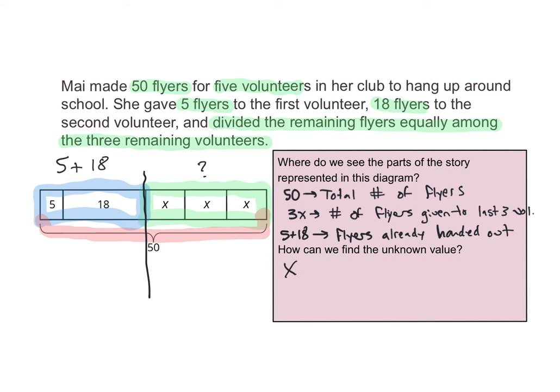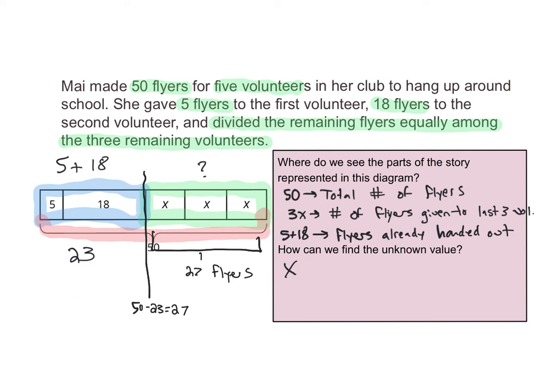So 5 plus 18 equals 23. So we know that this represents 23 flyers, and then we could say 50 minus 23 is 27. So we know that this portion right here is 27 flyers.